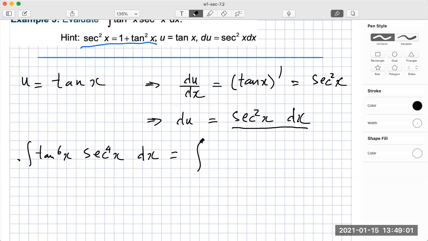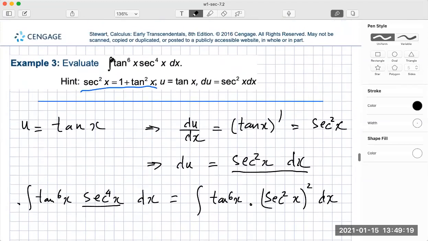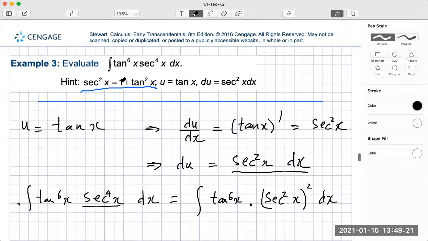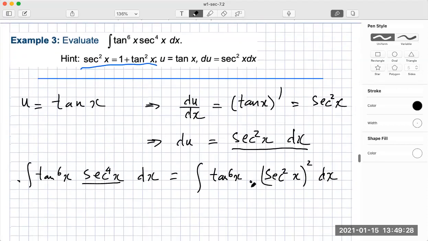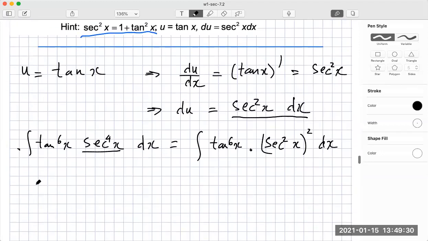So here, the tan to the 6, we just leave it here. Secant to the 4th is secant square times secant square, and we know that secant square is 1 plus tan square, okay? So now everything is good. We can write everything in terms of tan.